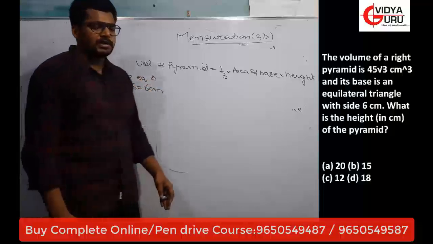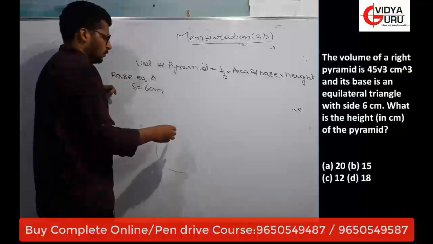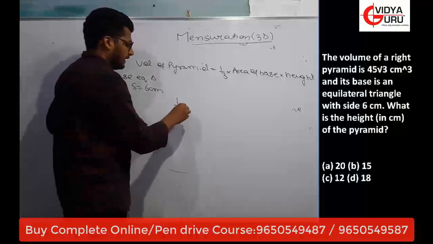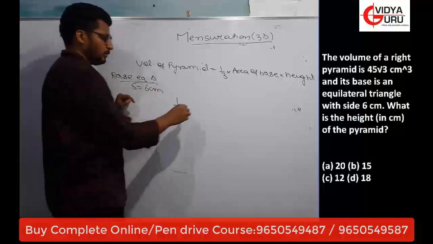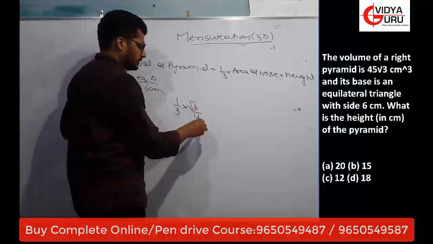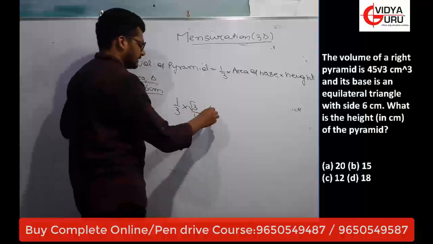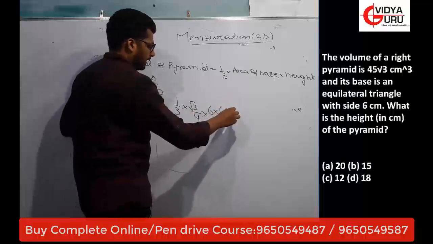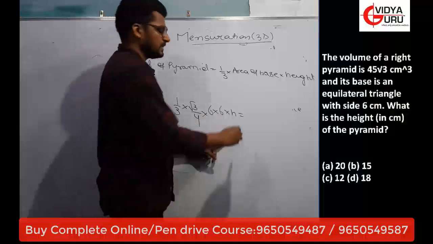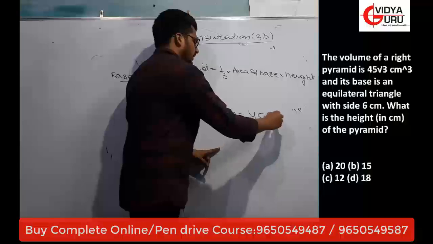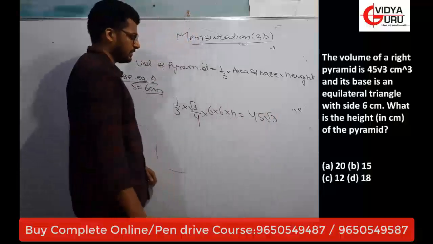The question is asking what the height of the pyramid is. So 1/3 area of base, where the area of an equilateral triangle is √3/4 side square. What is the side? 6. 6 into 6 and into height. Height we need to find out. This is equal to the volume, 45√3, which is given.